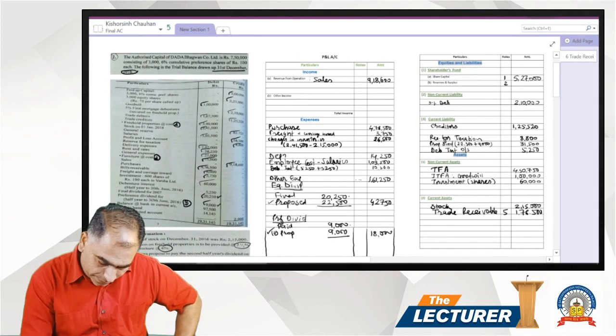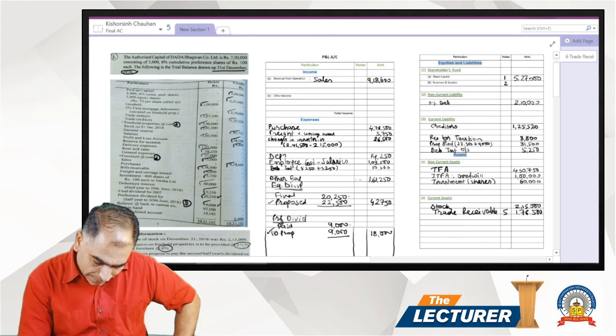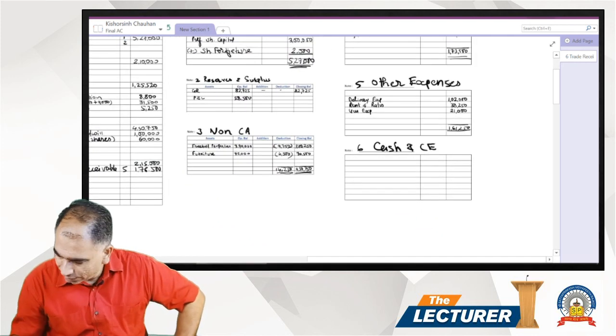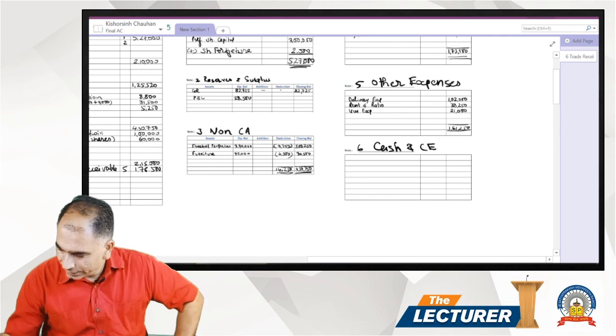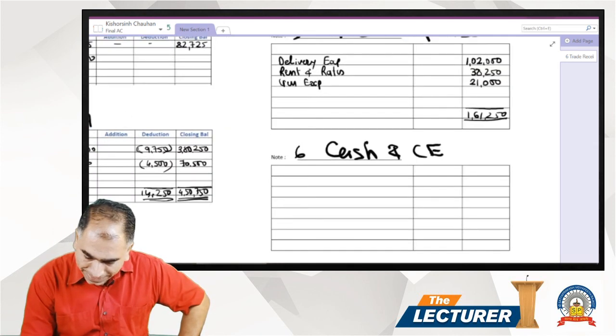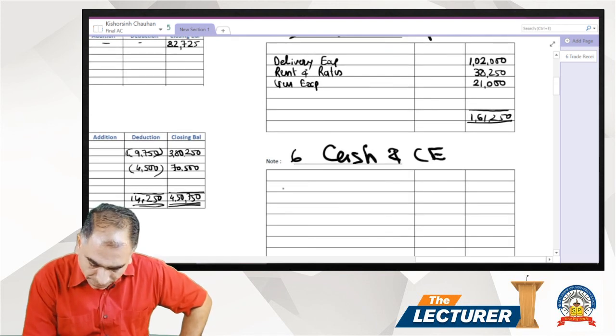Next, after interest, it's bank balance, cash balance. Cash and bank, we have separate cash and cash equivalents, where we show bank balance and cash balance.